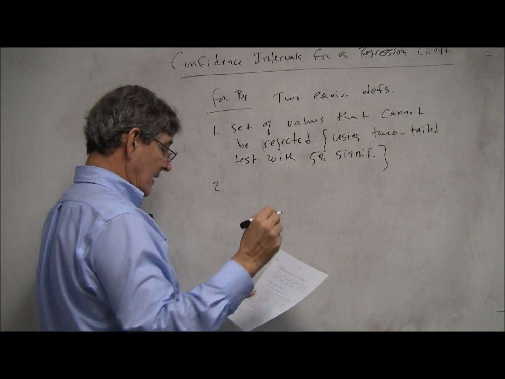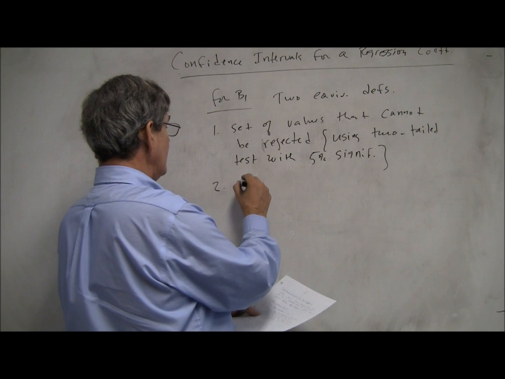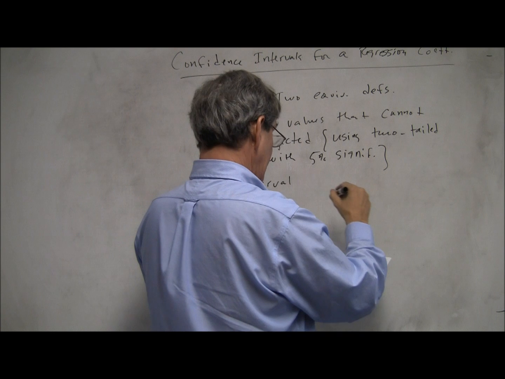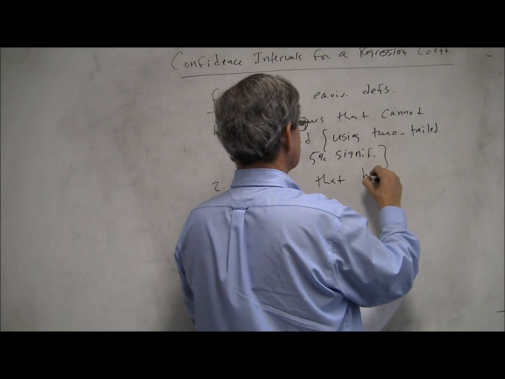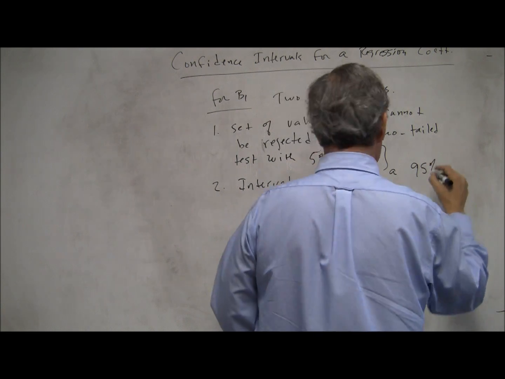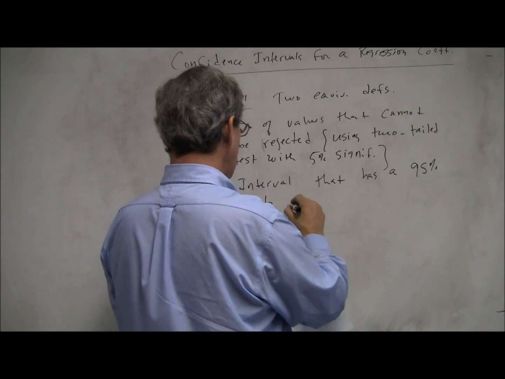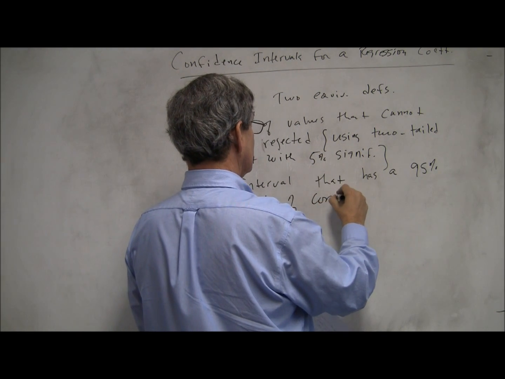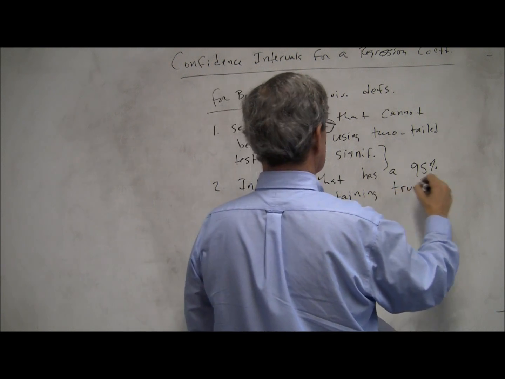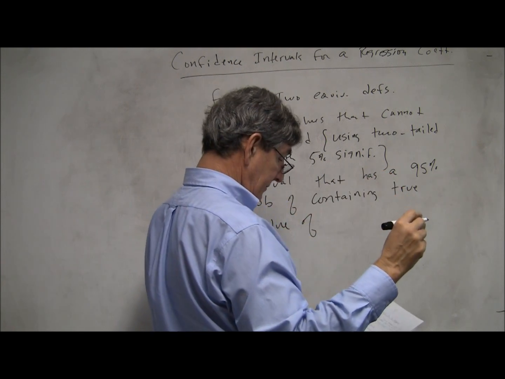Mostly when people talk about confidence intervals, these are equivalent definitions, but they have the following in mind. It's the interval that has a 95% probability of containing the true value of beta 1.